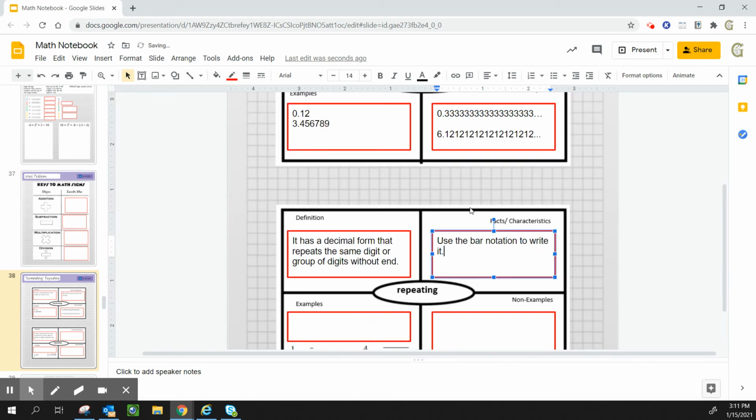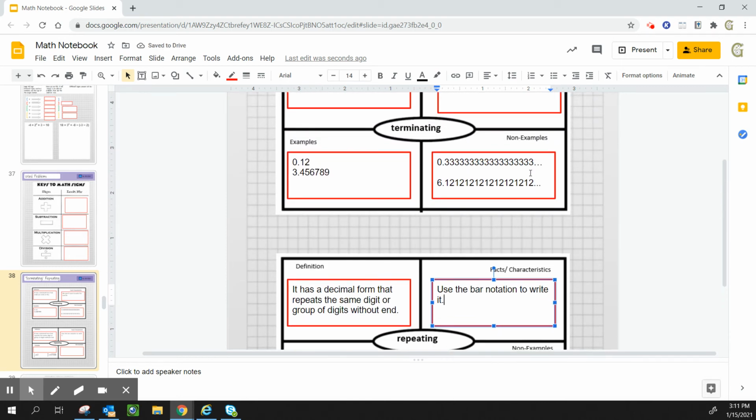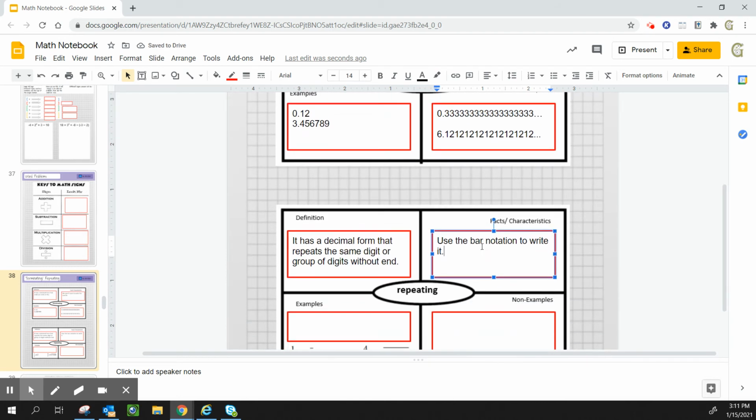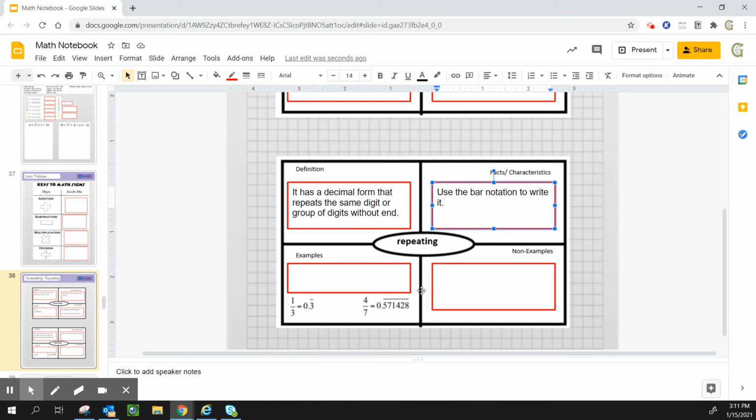Sometimes you'll see, like we did in the non-examples up here, where they have the ..., but the preferred mathy way to do it is to use that bar notation, which is that little line. So in the examples here, I put two that had the bar notation, so you could see them. I know it's hard to kind of type that in, but we could also put other examples than what we saw up here, like say 8.123, kind of going like that.